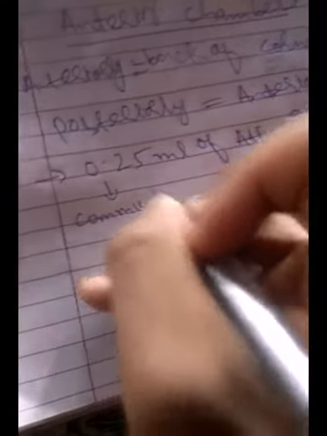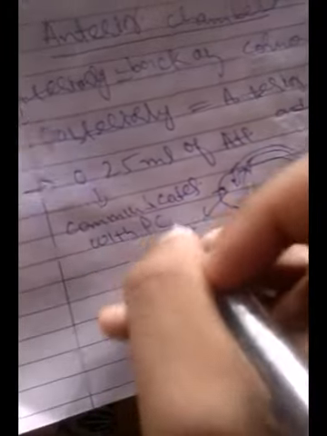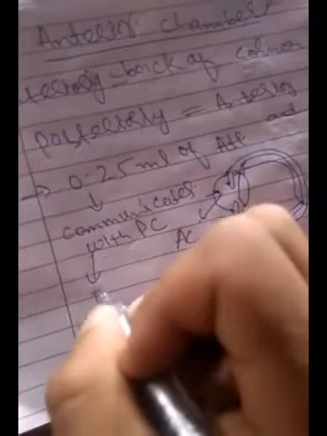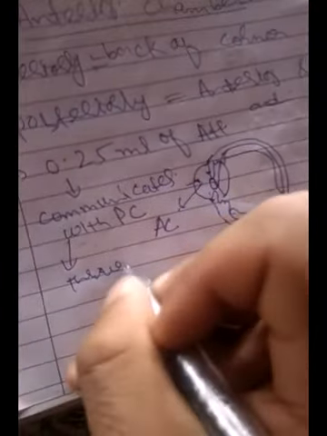The anterior chamber contains 0.025 ml of aqueous humor, which communicates with the posterior chamber through the pupil. This is the pupil.